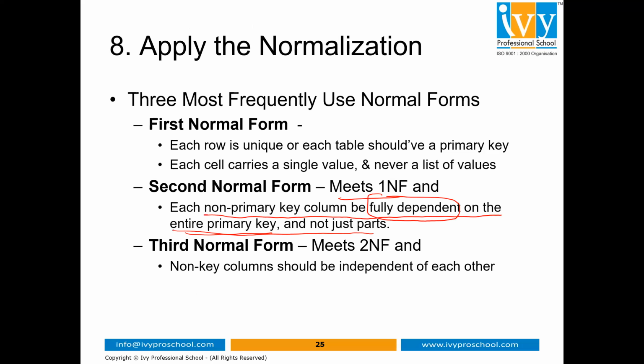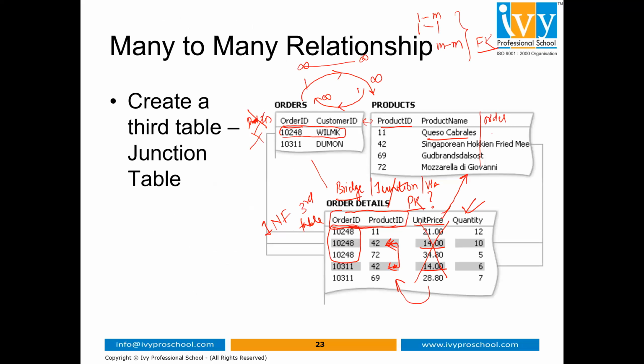So in the last example, here we have three different tables for orders, products, and order details. Initially, the order details table cannot be in 2NF because of unit price. So as suggested, we can place this unit price in the products table in order to make it 2NF.